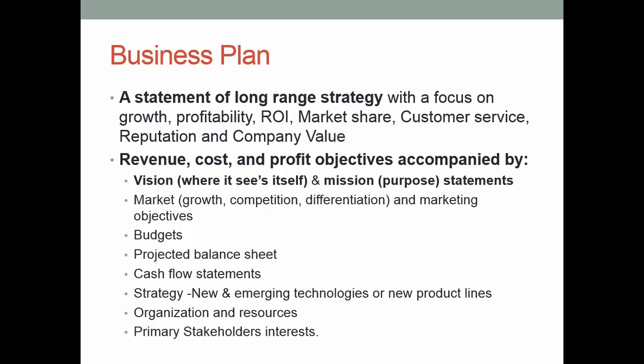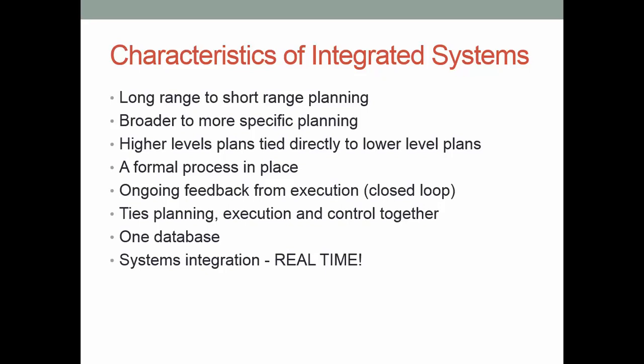They also look at things like market growth, competition, differentiation, and marketing objectives. Also budgets, projected balance sheets, cash flow statements, strategy, new and emerging technologies for the different product lines, the organization and its resources, and then of course the primary stockholders' interests and what they want to see achieved in order to get their return on investment.